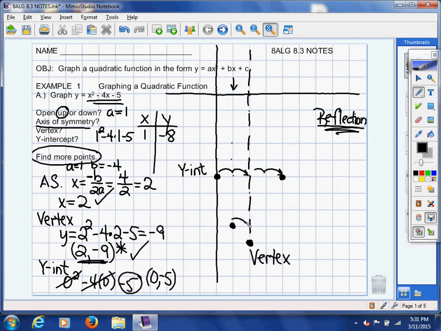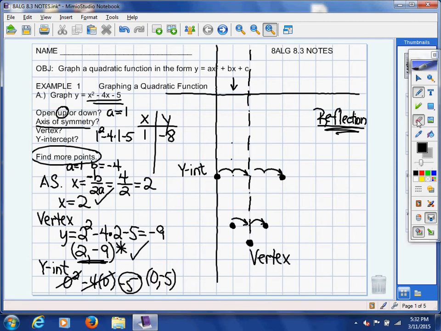It's 1 unit from the midline, so we're going to move it 1 unit away. And there you go. Look, we have 5 points, and I only actually had to calculate on an XY table just one of them. The vertex I calculated a little bit differently, and the y-intercept I calculated a little bit differently.